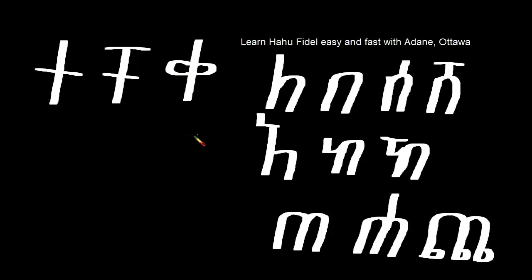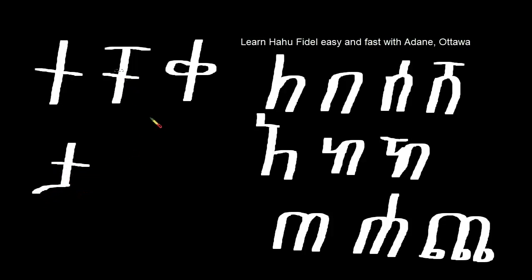Then we are looking at how to write the fourth Hahu Fidel family in this group and in this group. For one-legged Hahu Fidels, we can write the A sound. You write ta, and if you write it this way, it is going to be the E sound. So this sound we have no choice, but it is this way we put it to make the A sound, ta.